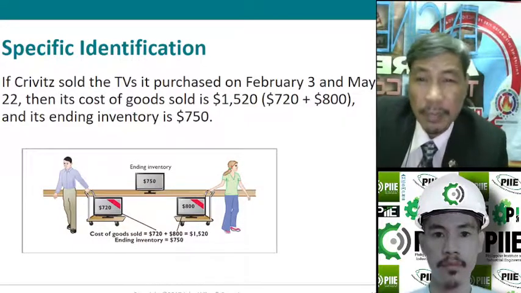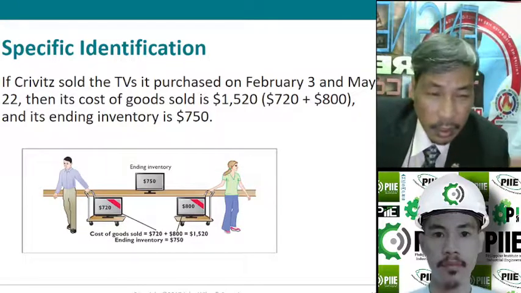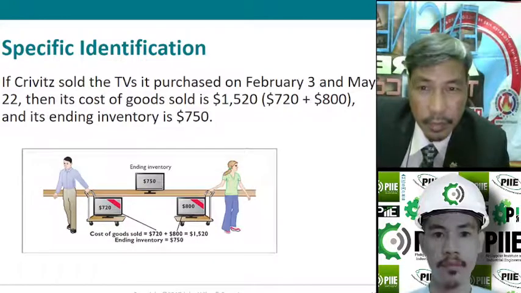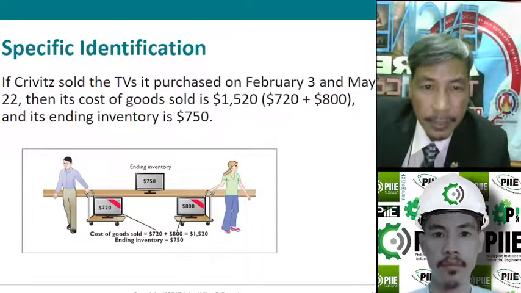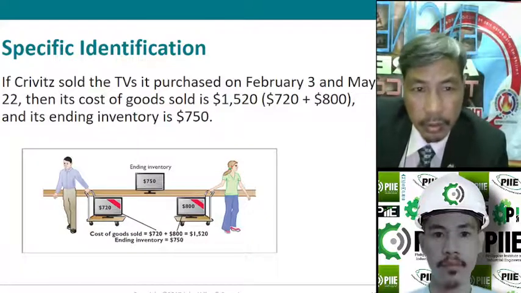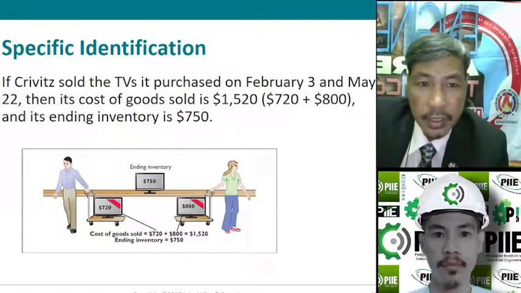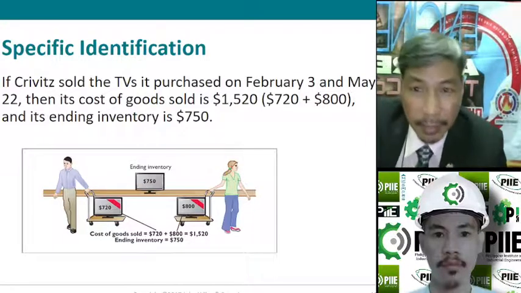So, depending upon how you identified all your units, maybe there are serial numbers. It depends. Okay, so then its cost of goods sold is 1,520, and its ending inventory is 750. Okay, very clear for that method.